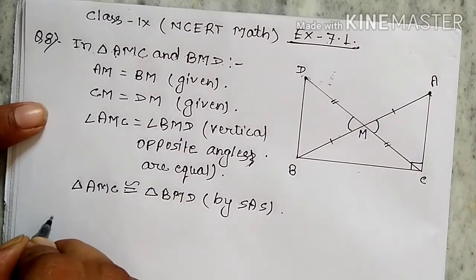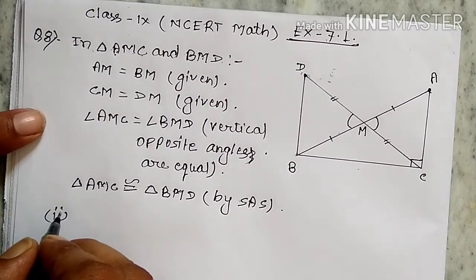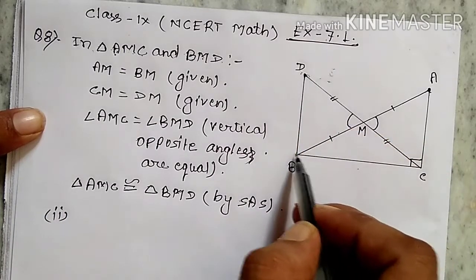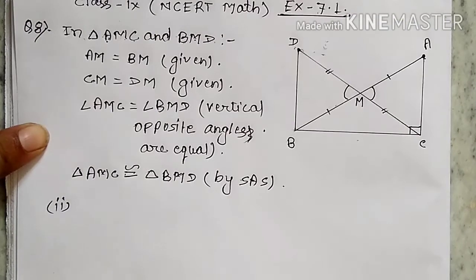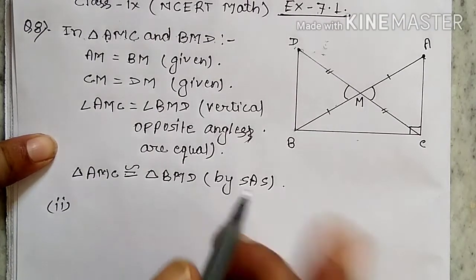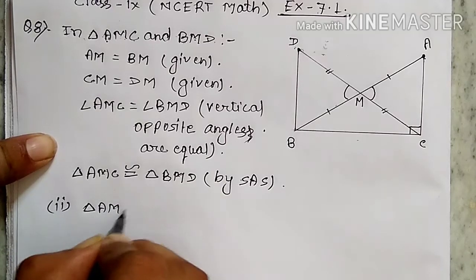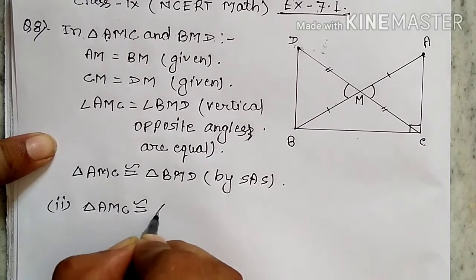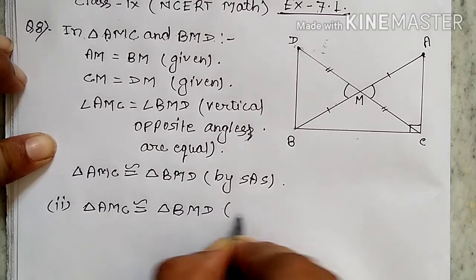In the second part, angle DBC is a right angle. Triangle AMC is congruent to triangle BMD, proved above.